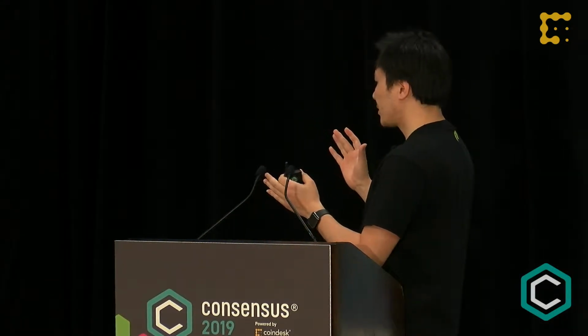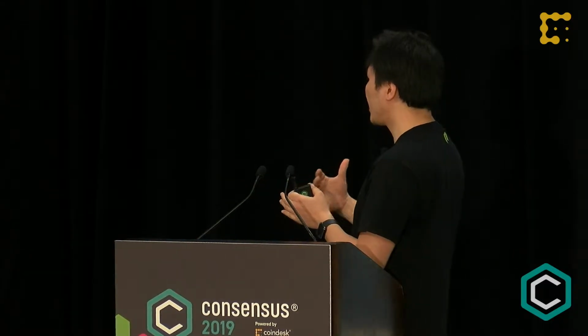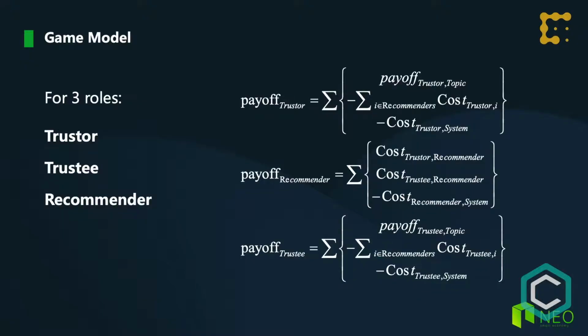When we have the trust model, then we need a game model to describe the interactions between all these entities. So just ignore all these equations. Just remember that if we want to describe the real world, there will be a lot of interactions and relationships between all these entities.